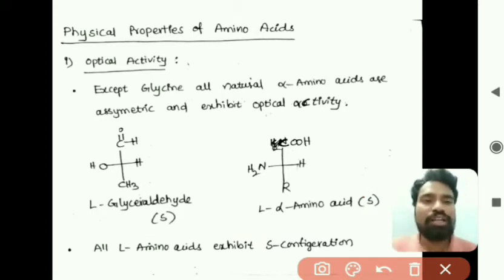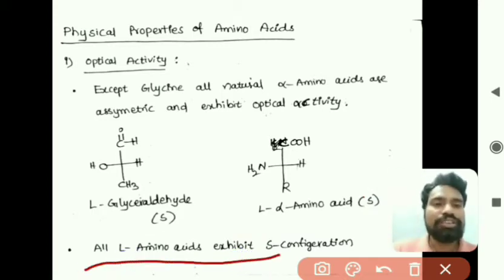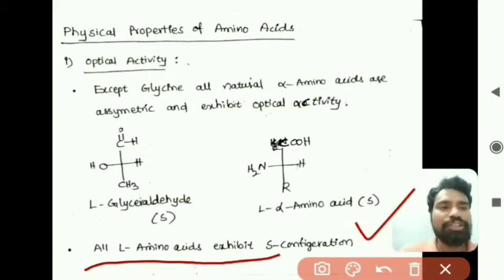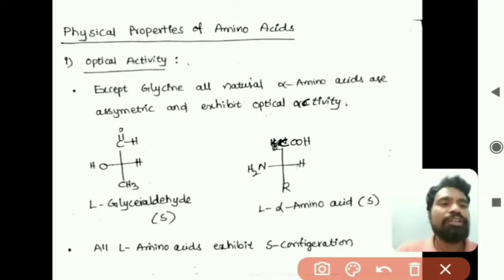So all L alpha amino acids exhibit S configuration. This is the optical activity, right. So except glycine, all naturally occurring alpha amino acids are asymmetric and they show optical activity.